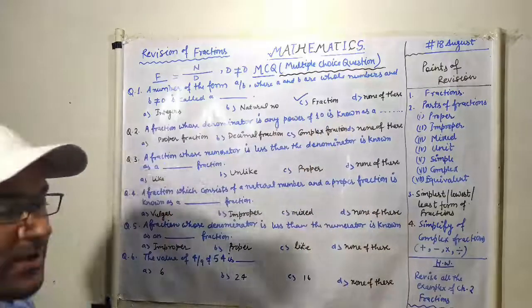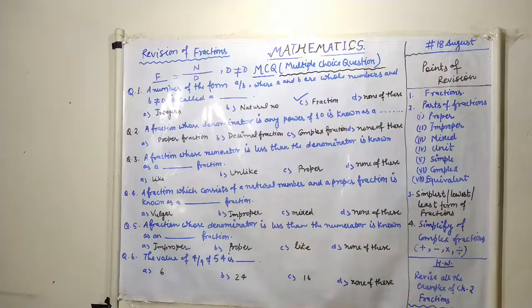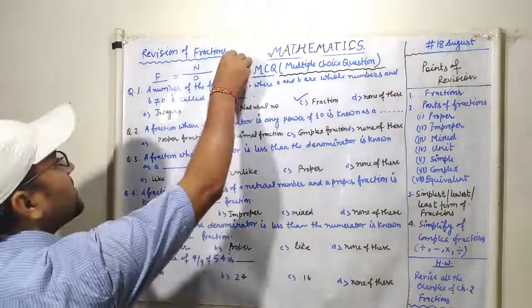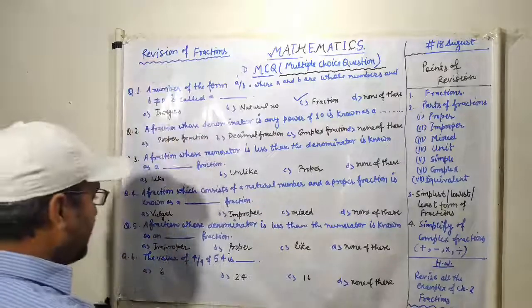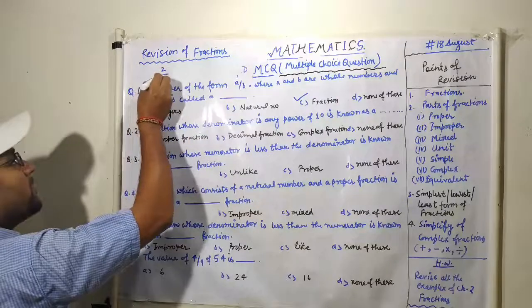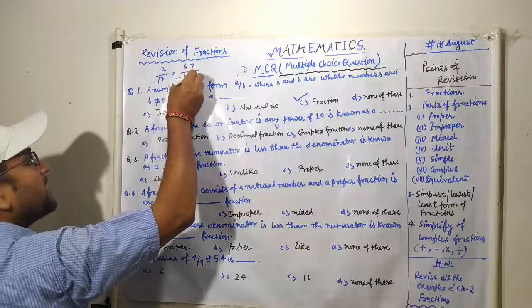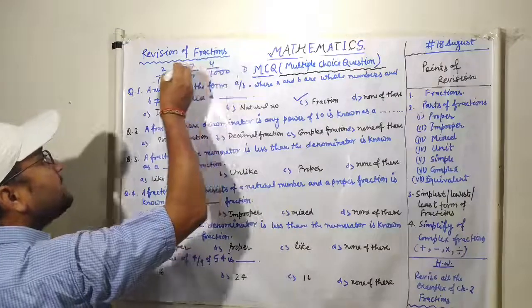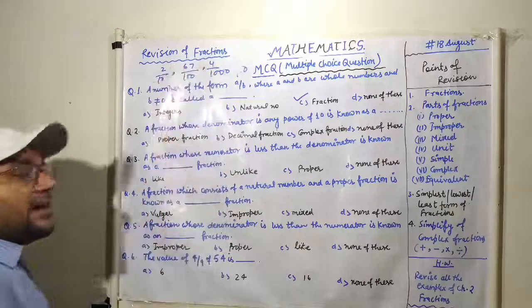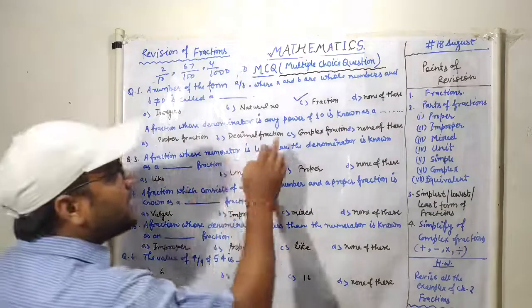Always remember that students, if any fraction is given and its denominator is any power of 10, like 2 upon 10, 67 upon 100, 4 upon 1000, means any power of 10, that type of fraction is known as a decimal fraction.